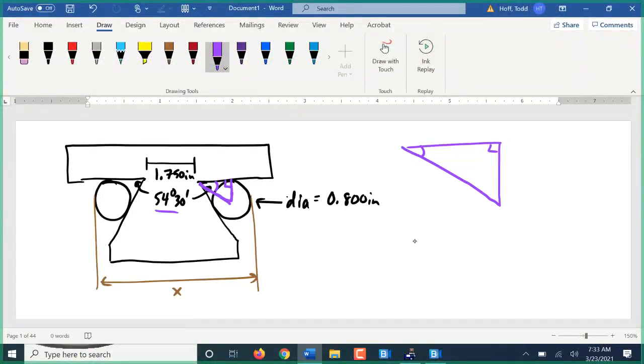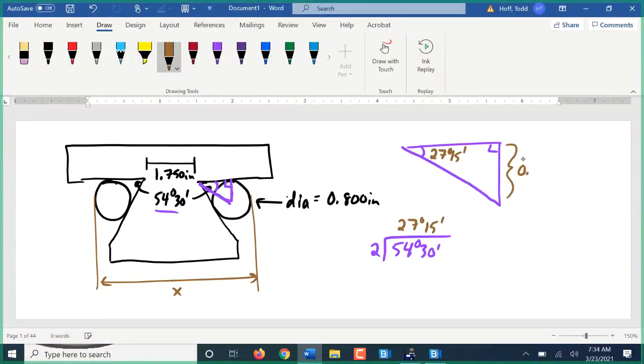Well, 5430 divided by 2: 2 goes into 54, 27 exactly. There's nothing left over. 2 goes into 30, that's 15 exactly. So that's 27 degrees, 15 minutes. This side over here is half of the 0.8.